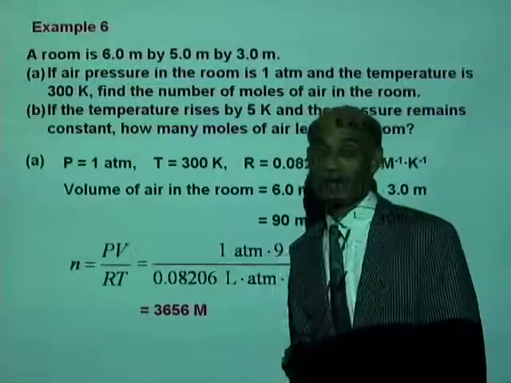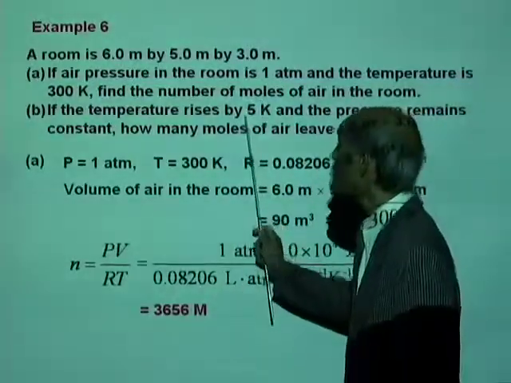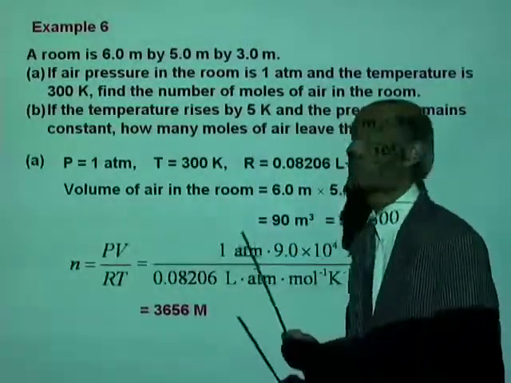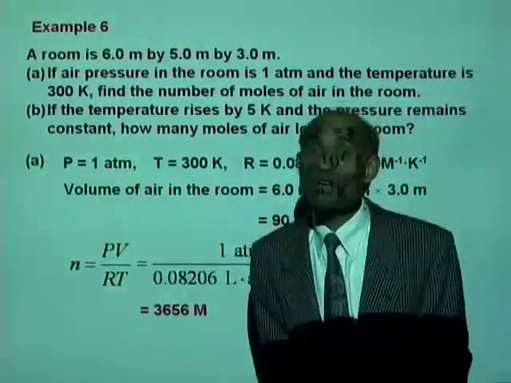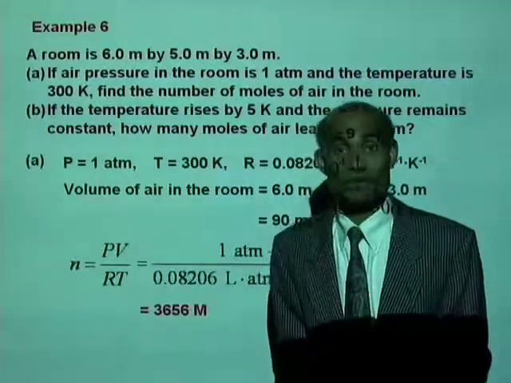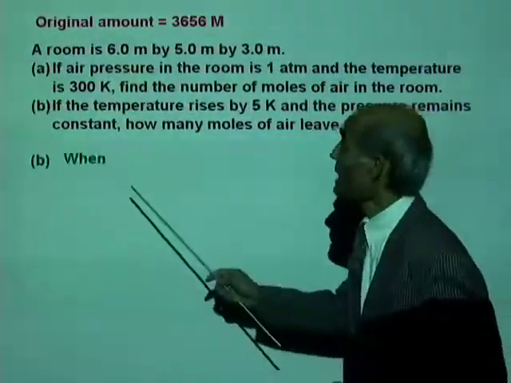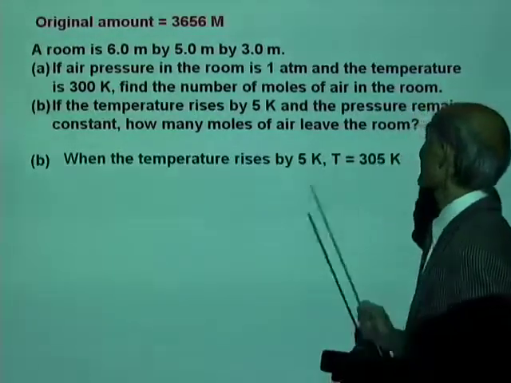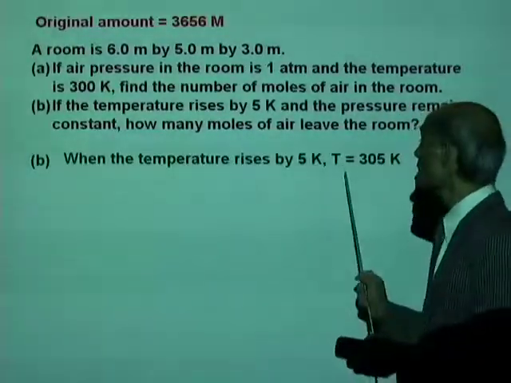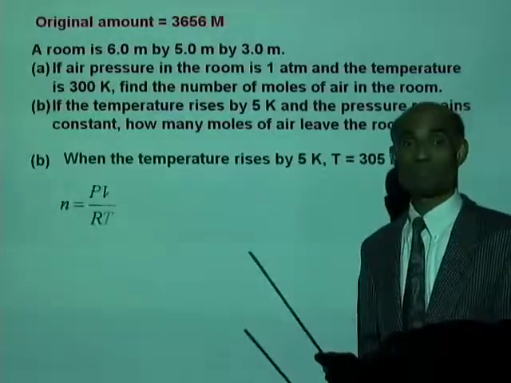Now what is happening? The temperature rises by 5 Kelvin. Now you know that in the room the volume is going to remain a constant. Is that right? Alright. Now in B, when the temperature rises by 5 Kelvin, the final temperature is 305 Kelvin.